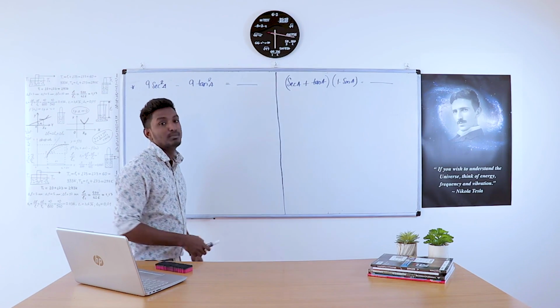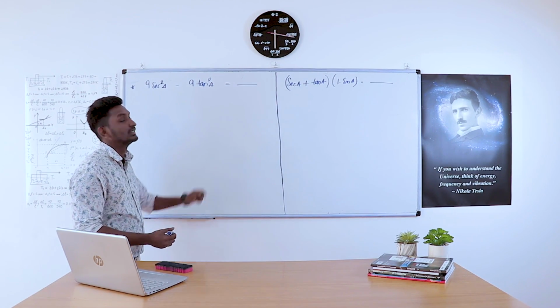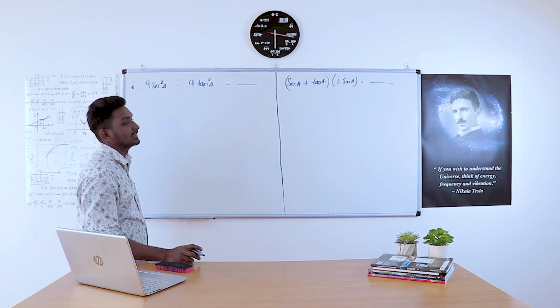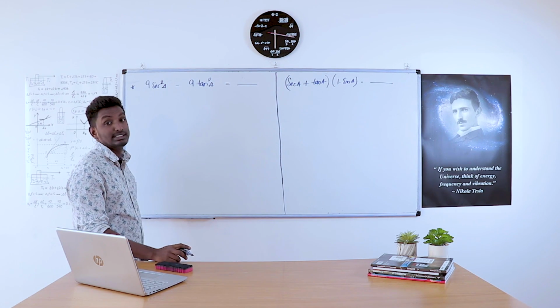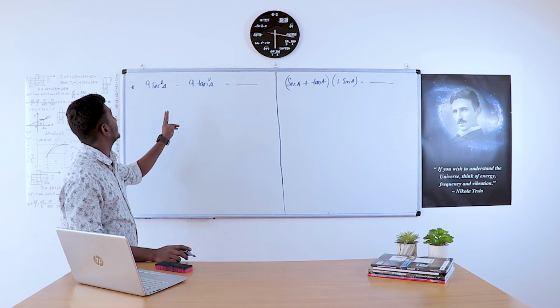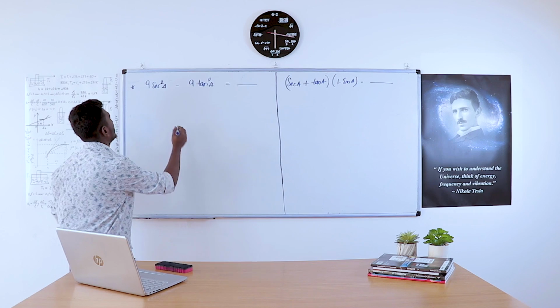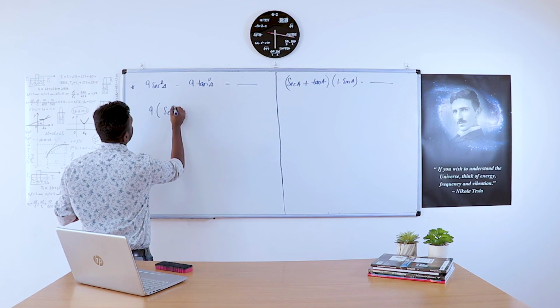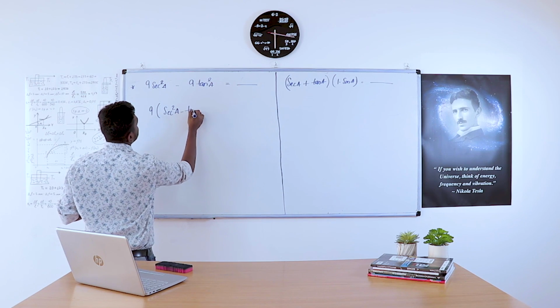Now we can look at the problems related to the identities. First one, 9 sec square a minus 9 tan square a is equal to dash. We need to find what is 9 sec square a minus 9 tan square a. This is a very simple question. We can take 9 as common from both the terms. So we can write 9 into sec square a minus tan square a.